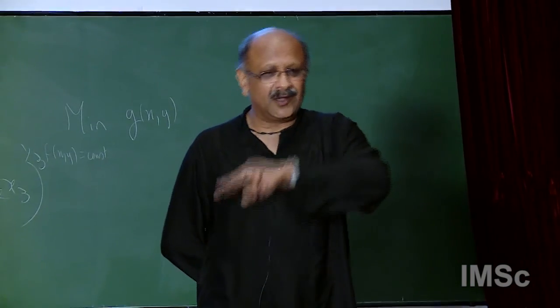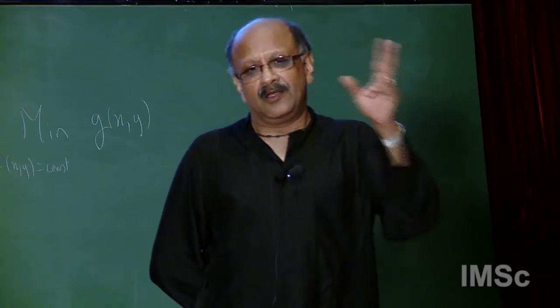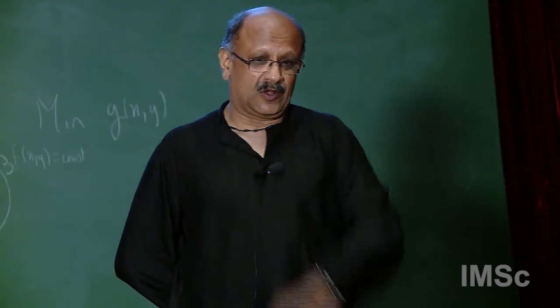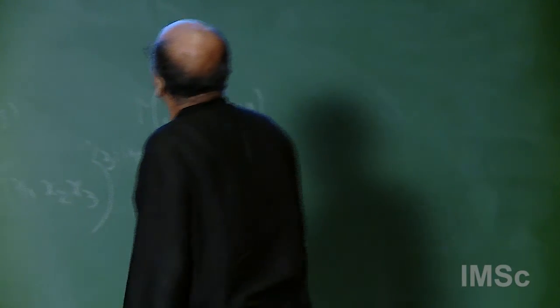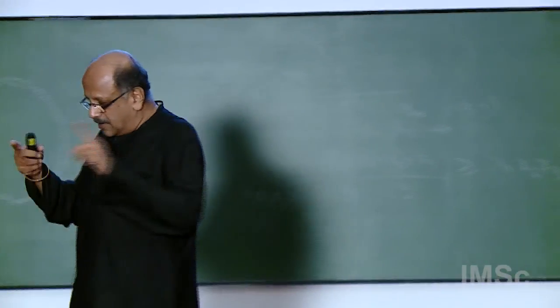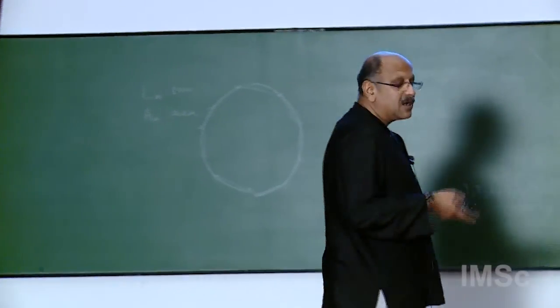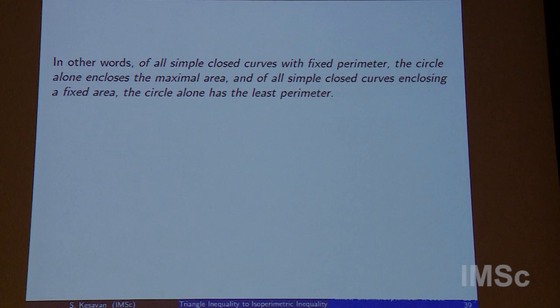You maximize one and keep the other constant, or minimize the first one and keep the second one constant. Okay? So this says that of all curves in the plane which have the same perimeter, the circle maximizes the area, and of all curves in the plane which have the same area, the circle has the least perimeter.